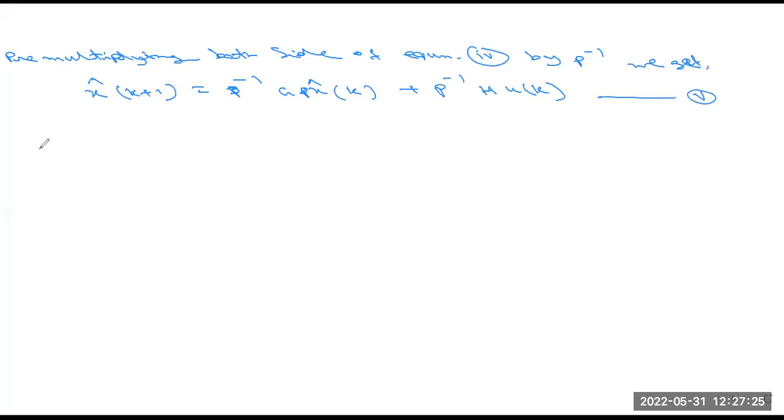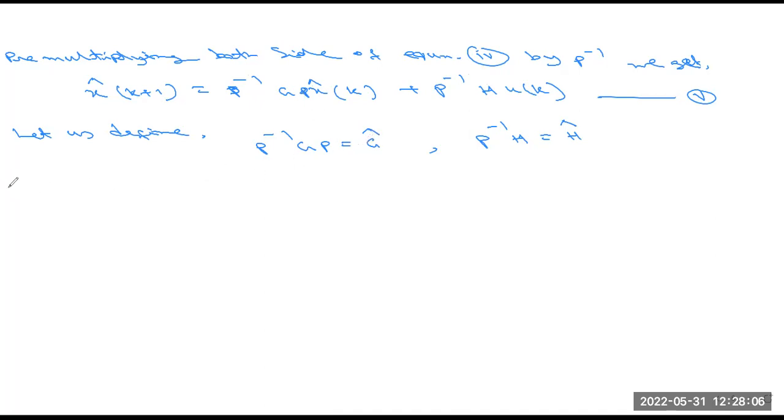Now from this equation, let us define P inverse G P equal to G vector, and another one, P inverse H, equal to H vector. So this is the H vector and this is the G vector.